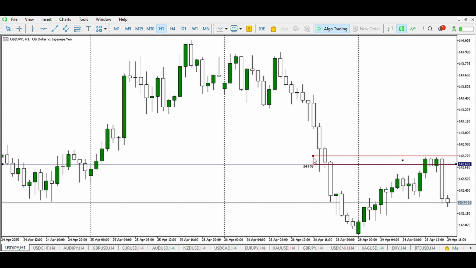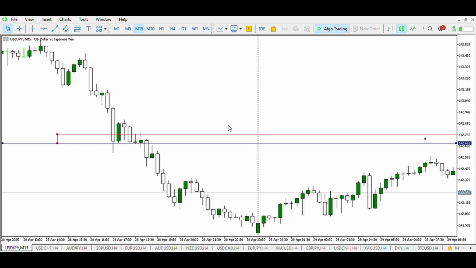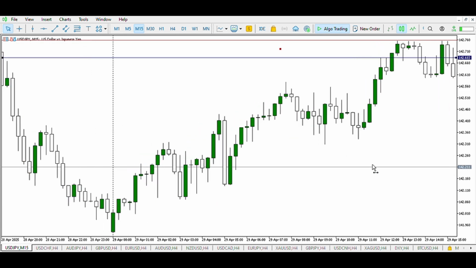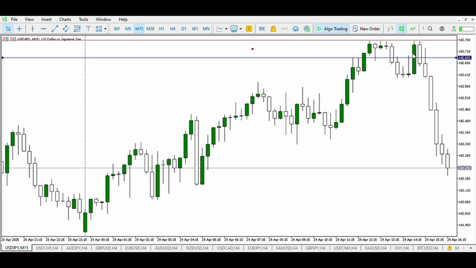If you are not still satisfied with this stop loss and you feel that you still want a very tight stop loss, what do you do? You can scale into the 15 minutes time frame, which is the lower time frame, and you can also see an order block in this range.